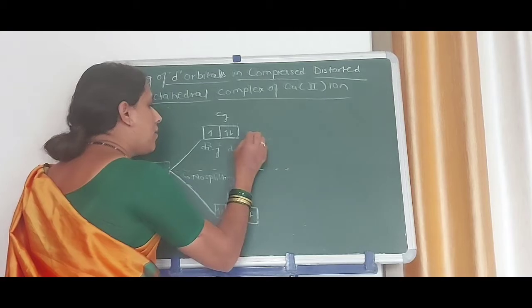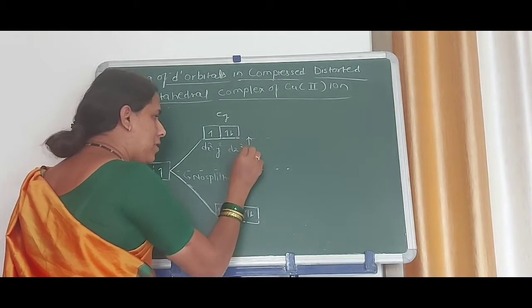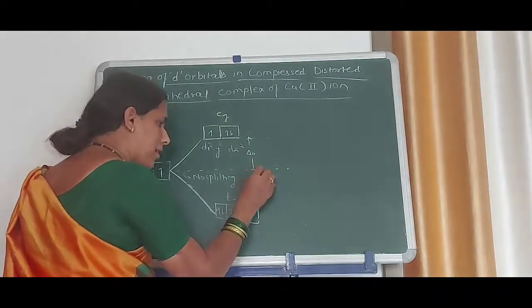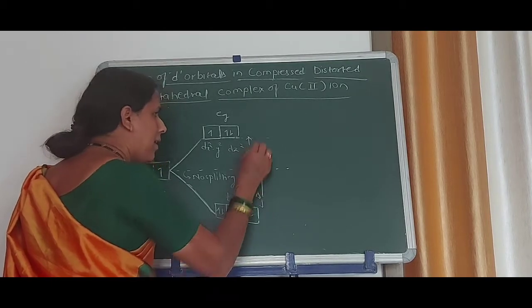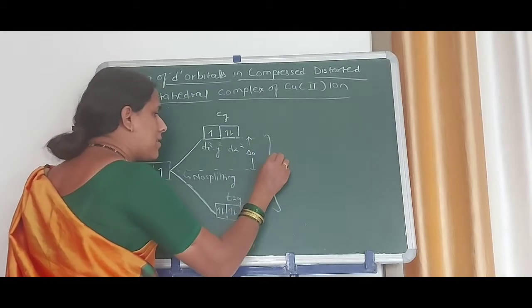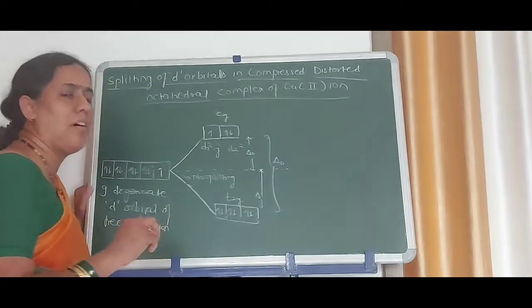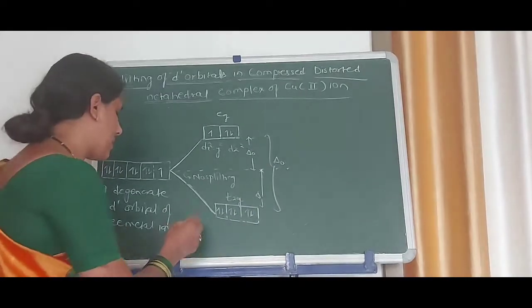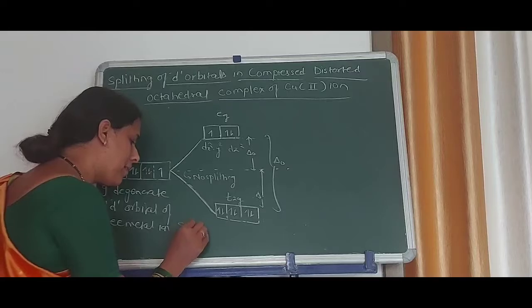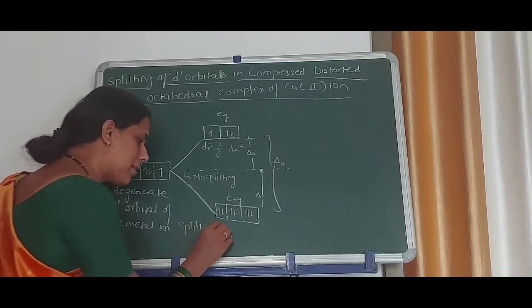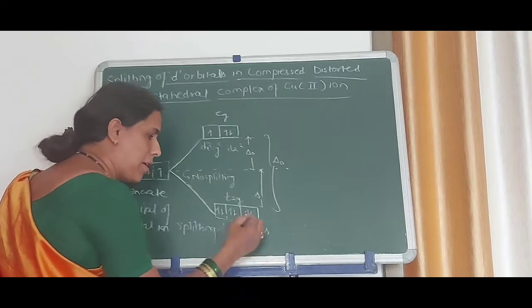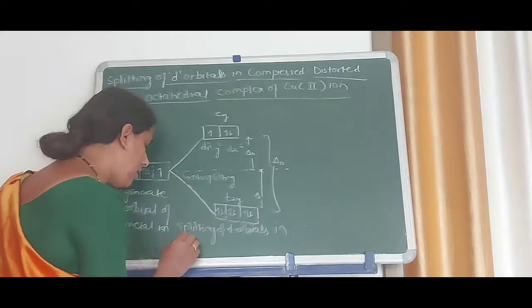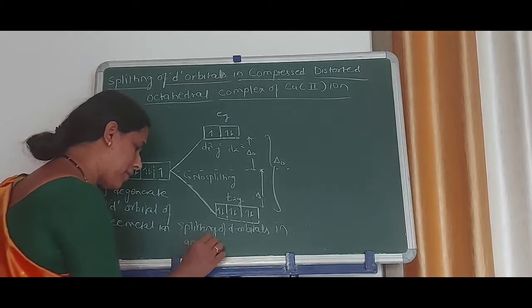Now here we have to calculate the delta 0, delta octahedral, which is known as the crystal field stabilization energy of an octahedral complex, that is, the splitting of d orbitals in an octahedral complex.